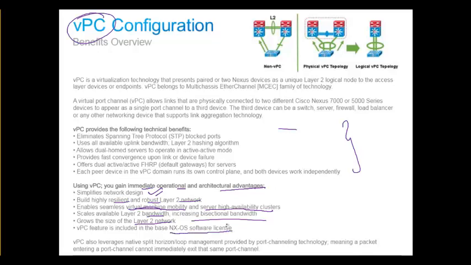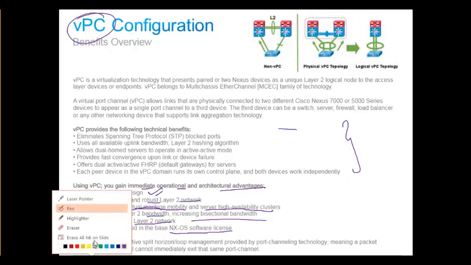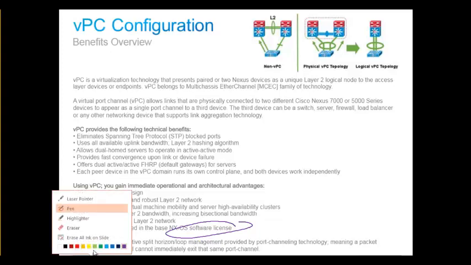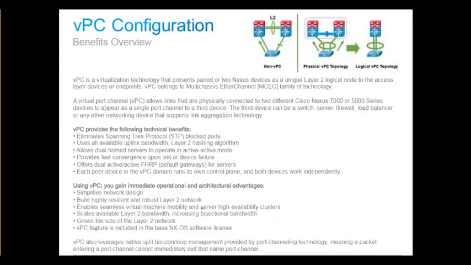It is available in the very base license of Nexus. If they asked money for this, then no one would buy Nexus. Nexus is seen as something special because it has this type of feature, so definitely this should come in the base license, and it does.